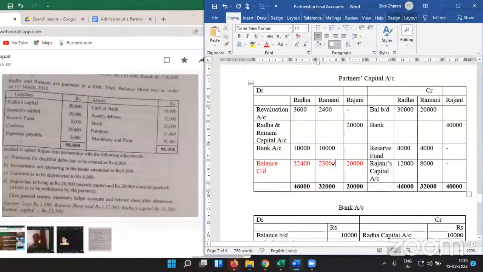And Ramani, 2,400, 12,400. 32,000 minus 12,400 is 19,600. Ramani's capital. Is that right?